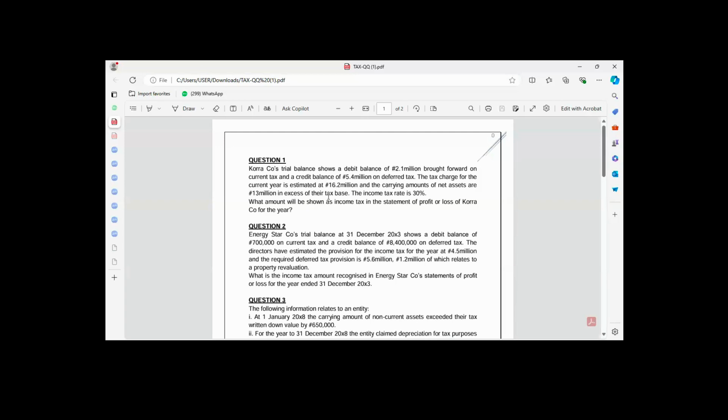I said, go to the material. Over provision. What do we do to over provision? Less. Where are you going to see over provision? Credit side.